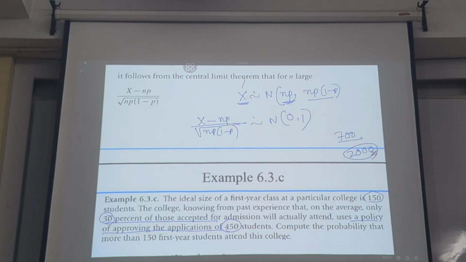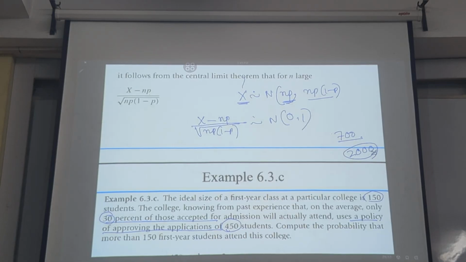Instead of doing what we do here, where we first call 600, 700, then if 200 accept, we call the next 500, and out of this 500, 150 accept, then we call 350. What they do, knowing that it is general practice that only 1/3 of students will accept, is call 450 students.